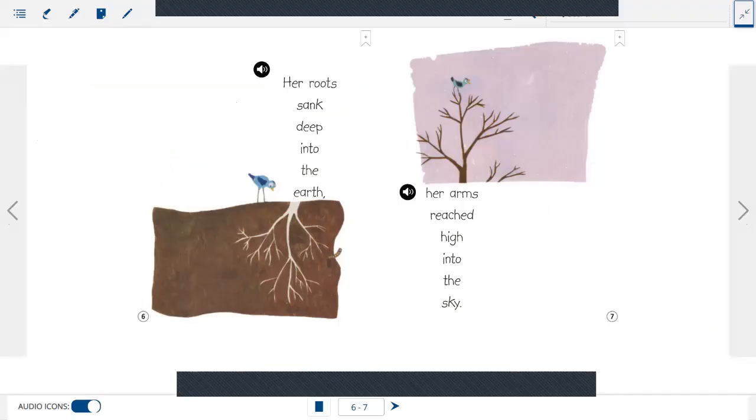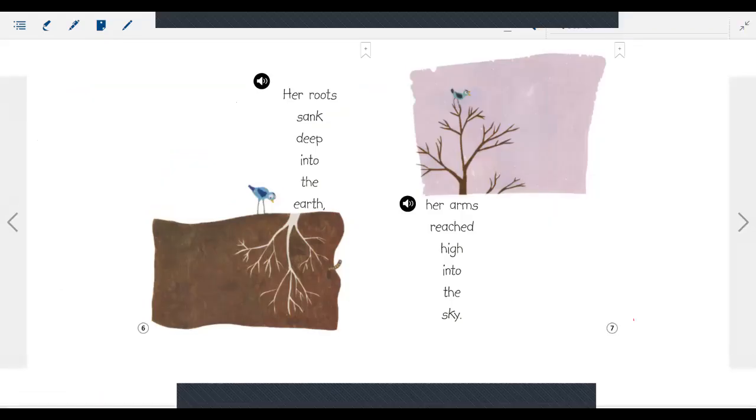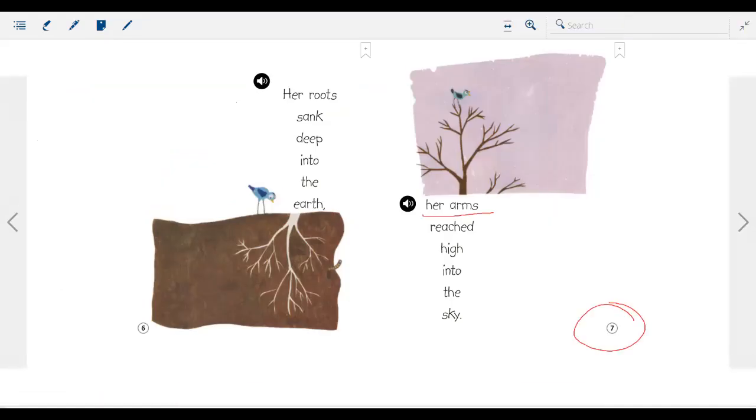So the author says over here on page 7, her arms reached high into the sky. So it asked, what words does the author use to make the tree seem like a person? It said her arms, right?